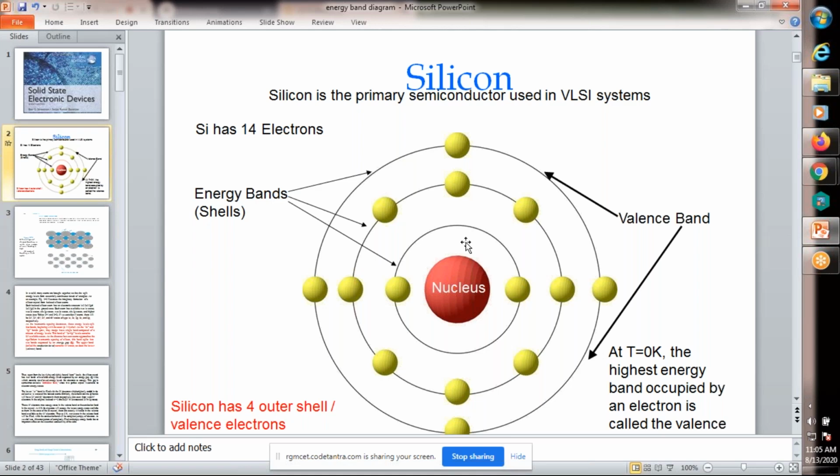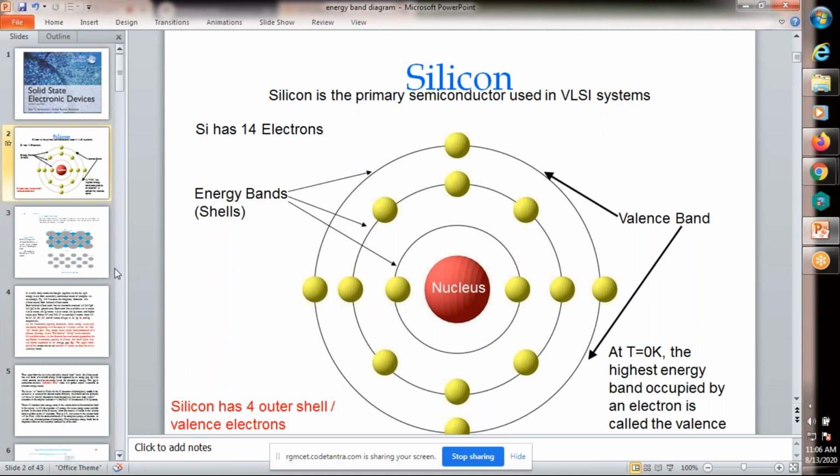So the spacing is very small. When the spacing is small, these energy levels interact with the energy levels of neighboring silicon atoms, and the energy levels are disturbed.